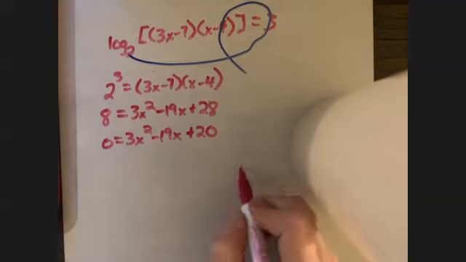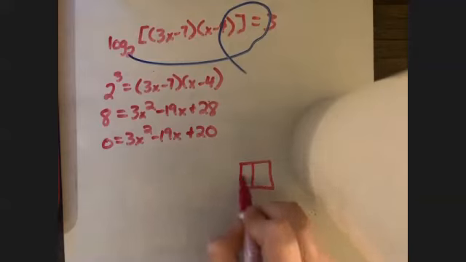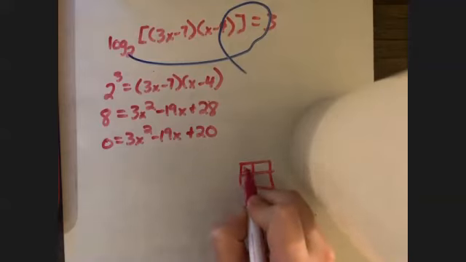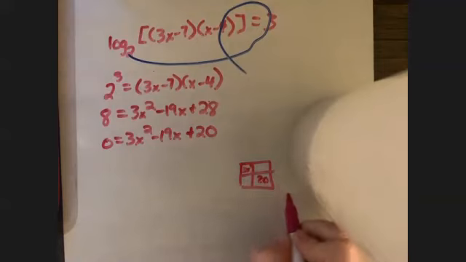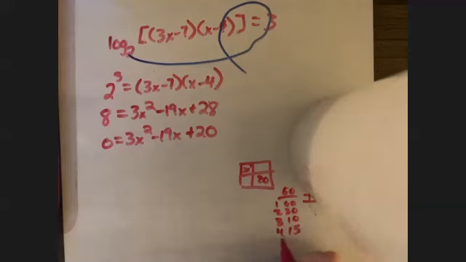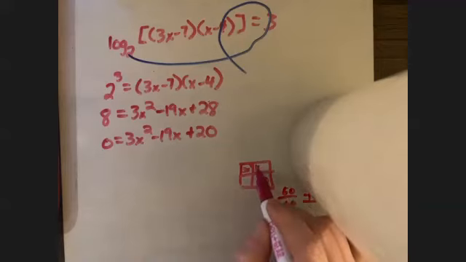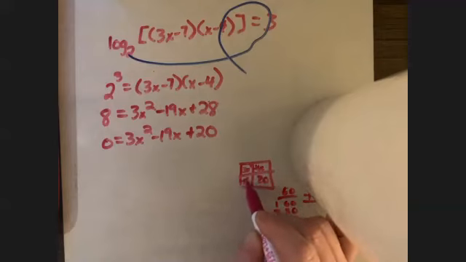Okay, let's do a little box here. 3x squared, 20. I'm trying to get to 60 and negative 19. So 1 and 60, 2 and 30, 3 and 10, 4 and 15. Okay, that's going to be my set right there. So I've got 4x, negative 4x, negative 15x.